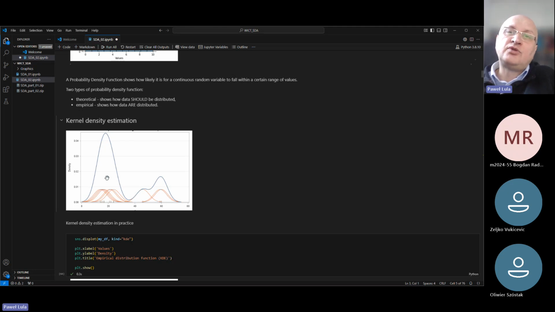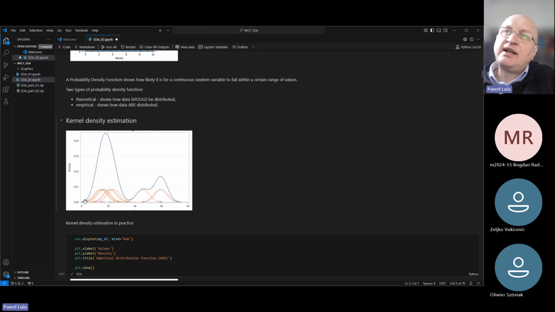So we know how to interpret the probability density function and how to estimate it, but we should also remember one very important condition. The area under this whole curve is always equal to 1.